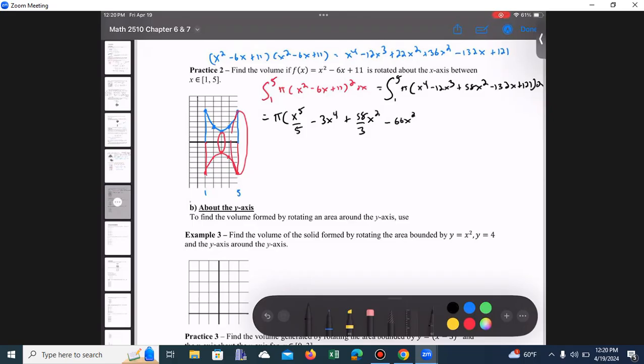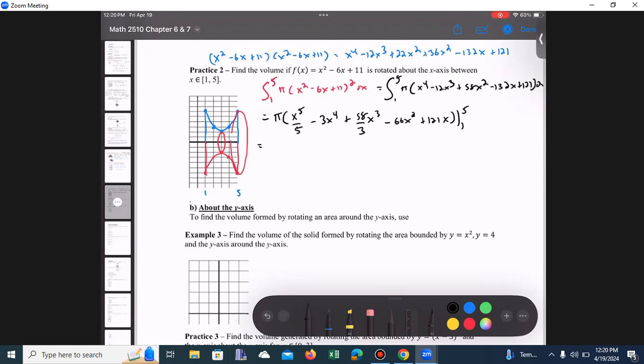Why am I forgetting to raise this power? All integrated from 1 to 5.